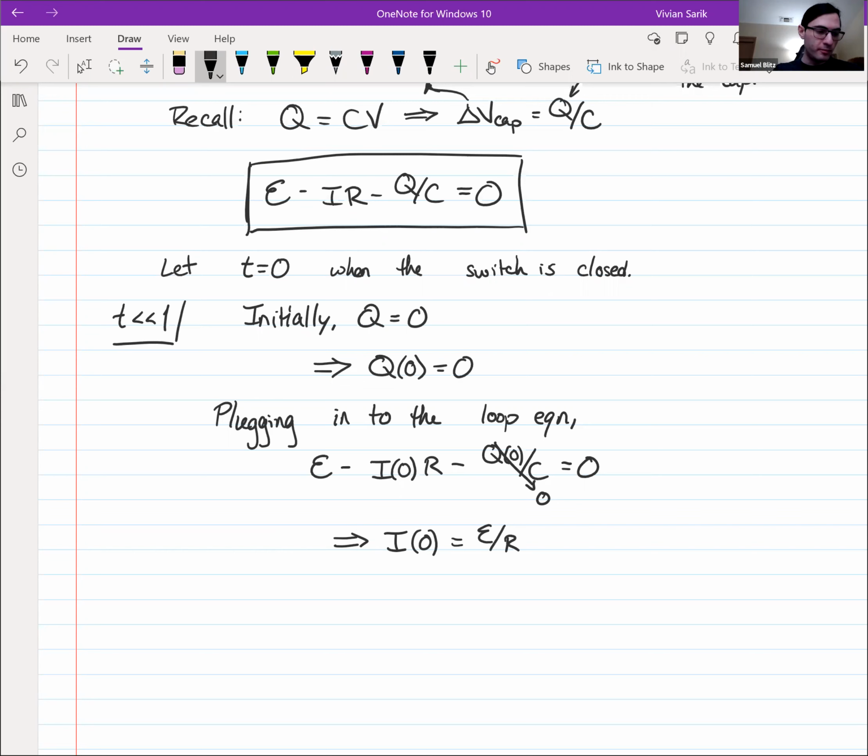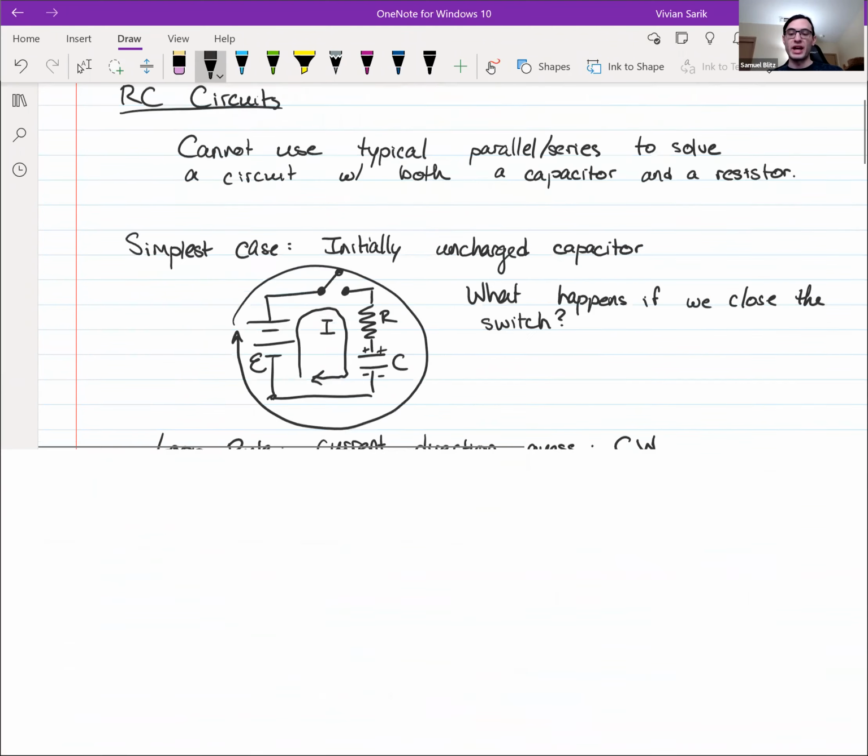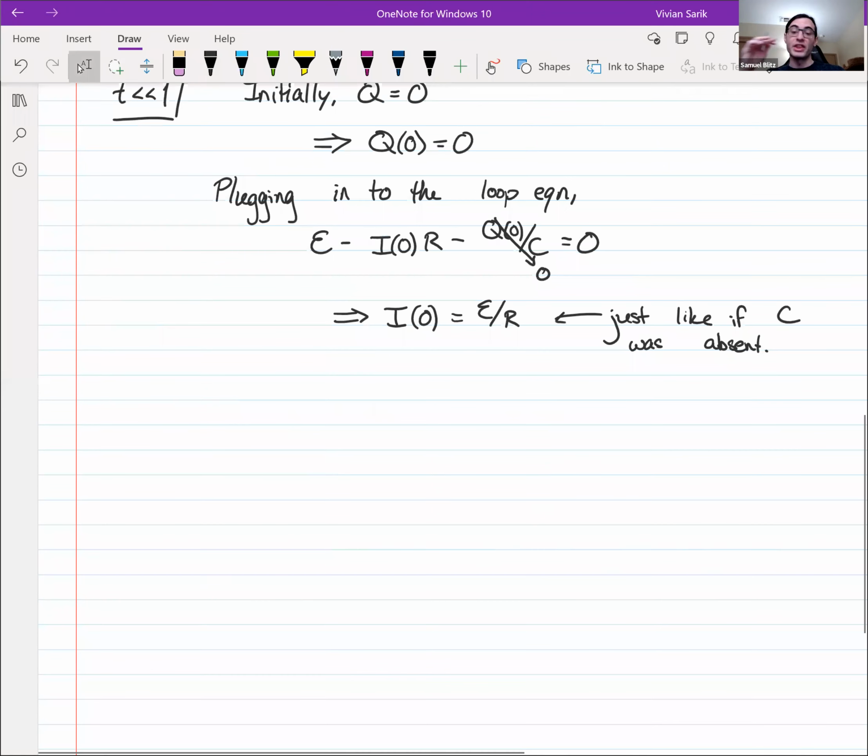And so this is exactly what you would expect if the capacitor was absent. The moment the switch is closed, right after you close the switch, the circuit behaves as if the capacitor wasn't even there, as if it was just a wire. Like if you had just replaced the capacitor with an equipotential, it behaves exactly like that.